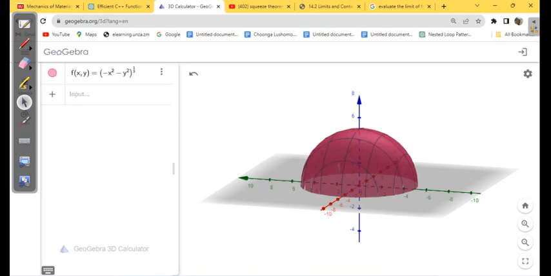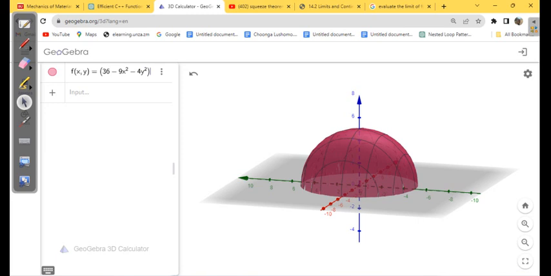So you say 36. What do we have here for x? That's 9. Then here we have a 4. Okay, we say 36 minus 9x squared minus 4y squared there.